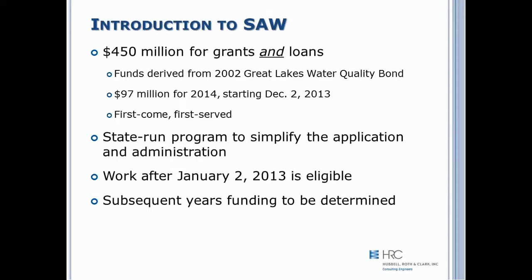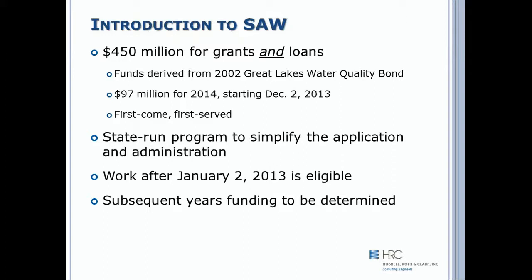The money will be issued on a first-come, first-served basis, and it is strictly a state program. There's no federal involvement at all, so the idea of that is to provide a little simpler application and administration of the program. The legislation was passed last year, effective January 2nd, 2013.